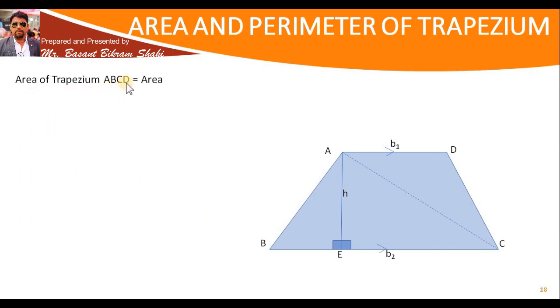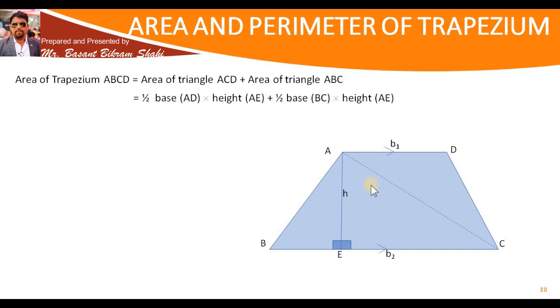And the area of trapezium ABCD is the area of triangle ACD plus the area of triangle ABC. And the concept of area of a triangle is half into base into height. So here in triangle ACD, this is the base and this one is the height.